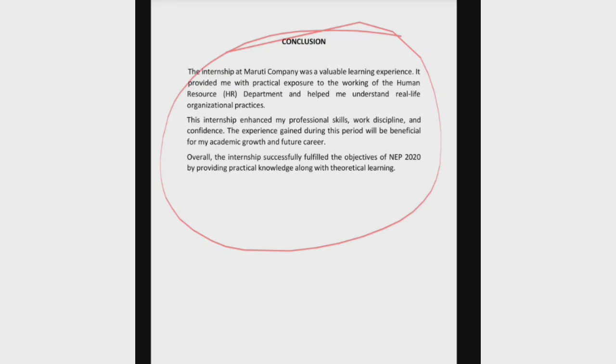The experience gained during this period will be beneficial for academic growth and future career. Overall, the internship successfully fulfilled its objective by providing practical knowledge along with theoretical learning. This type of conclusion goes in your internship report.